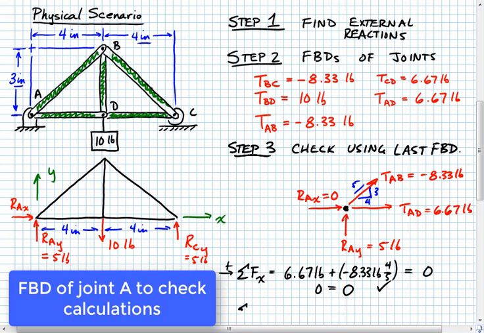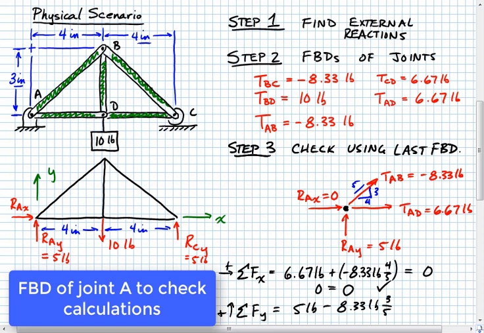All right, and then over here you can do the same thing. We can take the sum of forces in the y, and it ends up looking very similar. Here we'll have RAY of 5 pounds acting upward there, so we'll put that in, 5 pounds. And then TAB has a vertical component there, and you can find that by taking minus 8.33 pounds times 3 over 5.